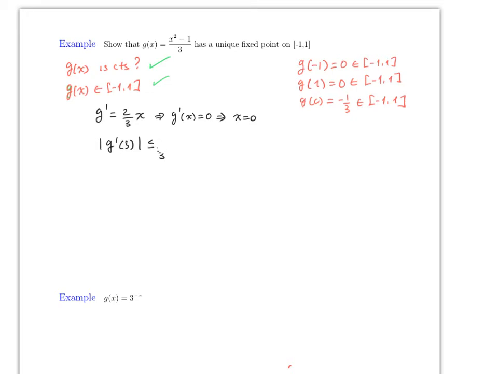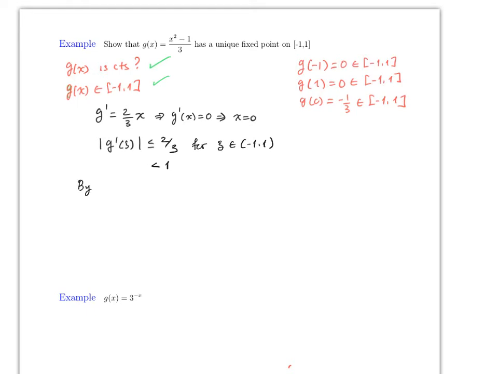So therefore this is always the case. This is for any c that is between minus 1 and 1. So therefore this is less than 1. So that satisfies the second condition of the theorem.